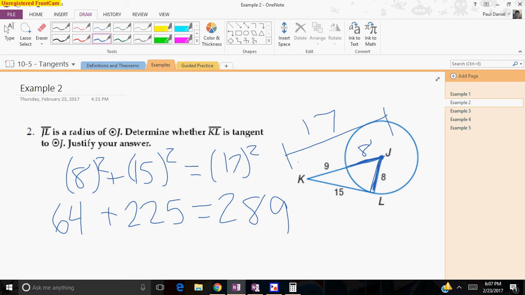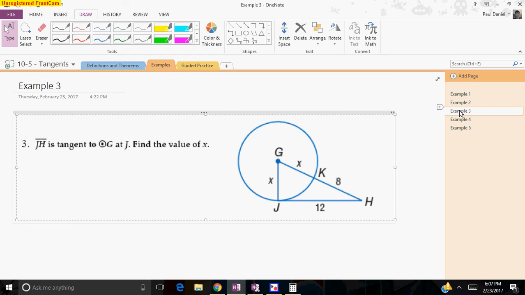And let's see if those match. Yep, 64 plus 225 is in fact 289. So yes, this is in fact a right triangle. Okay, that is my justification. Pythagorean theorem holds, must be a right triangle.